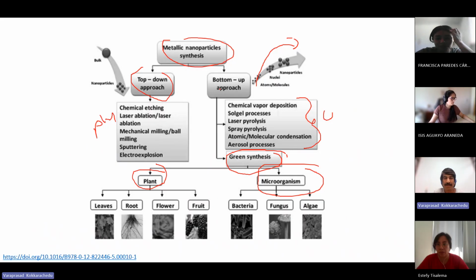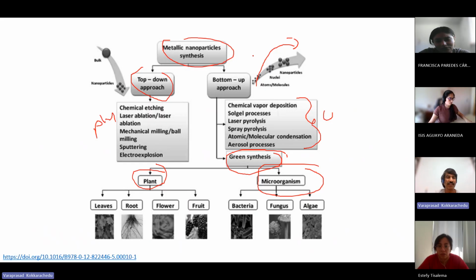So now these processes we can apply for any kind of medicine related things. We can also apply this for energy related things, and for agriculture related things also.